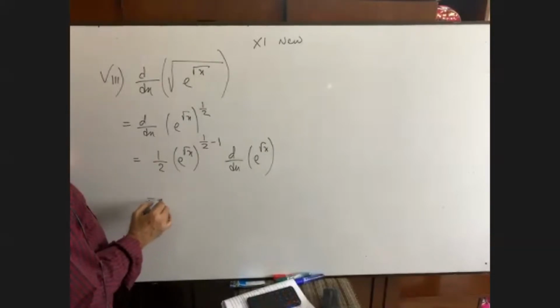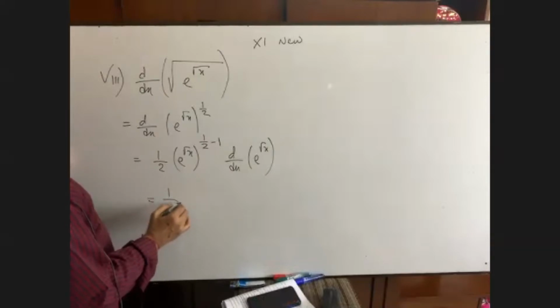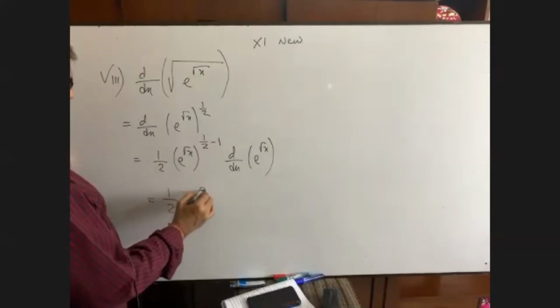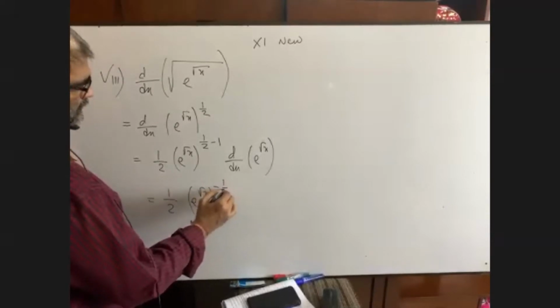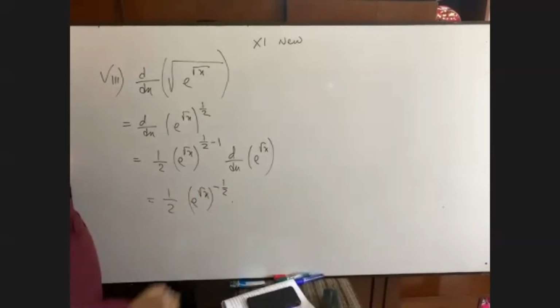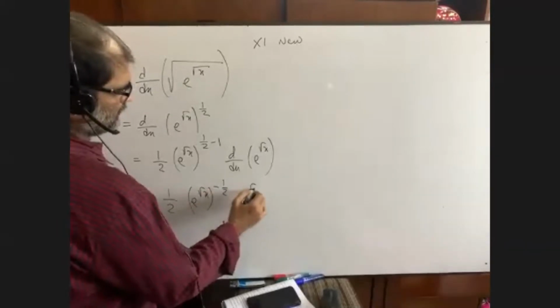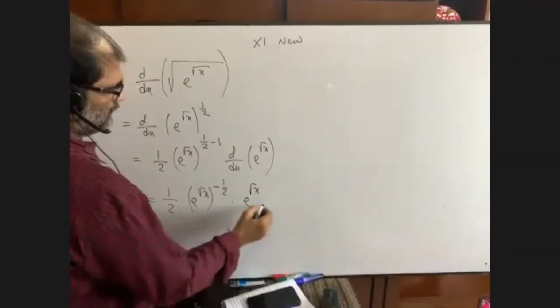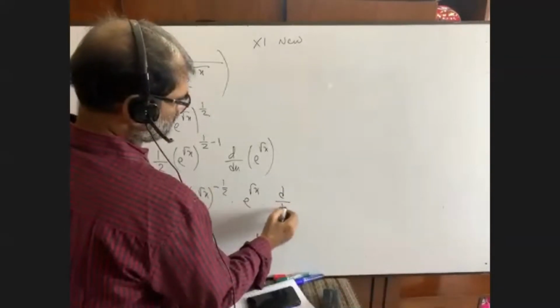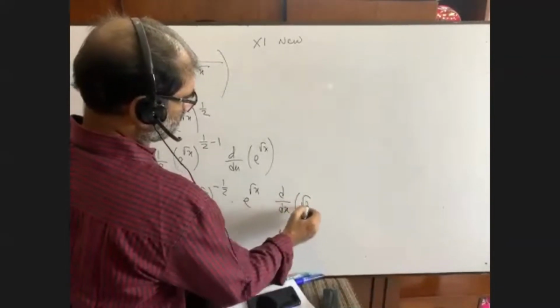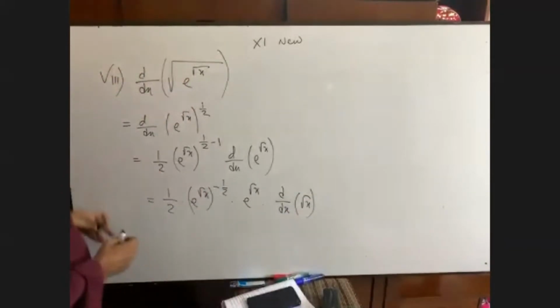So it is here 1 by 2 e to the power root x power minus half. It is e to the power x, e to the power root x, d by dx root x.